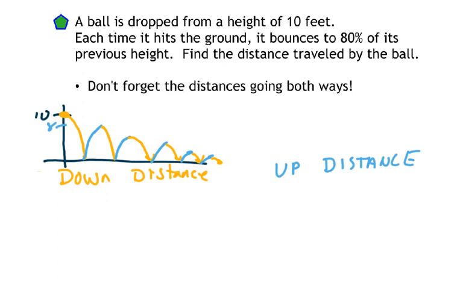We started at 10 for this one, so that is our a sub 1 value. And we divide that by 1 minus 0.8 because each time we are only going to be at 80% of the height we were previously as we fall. So that gives us, oh no, that one actually gives us 50 feet.